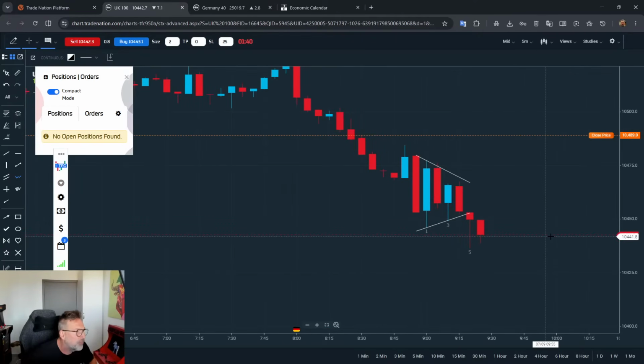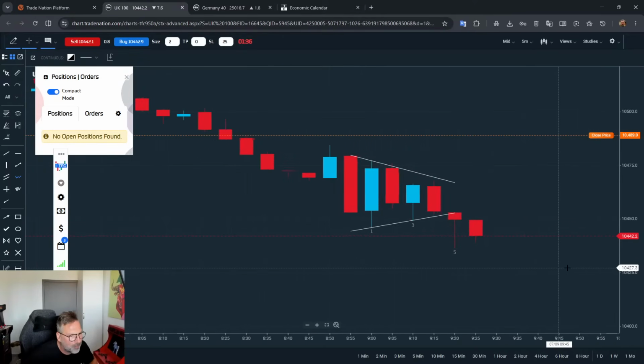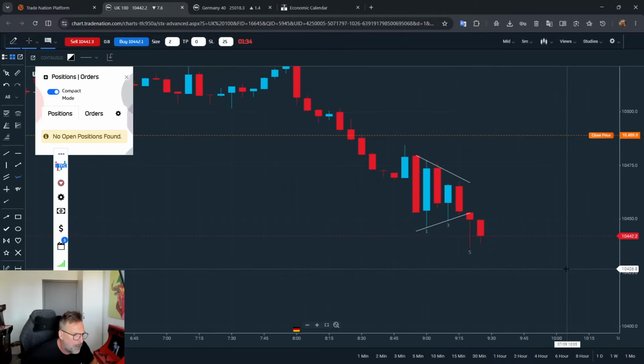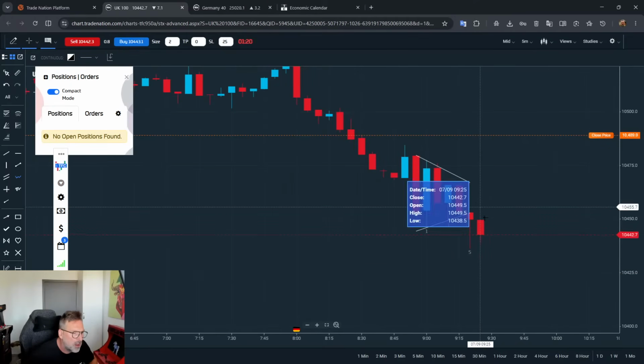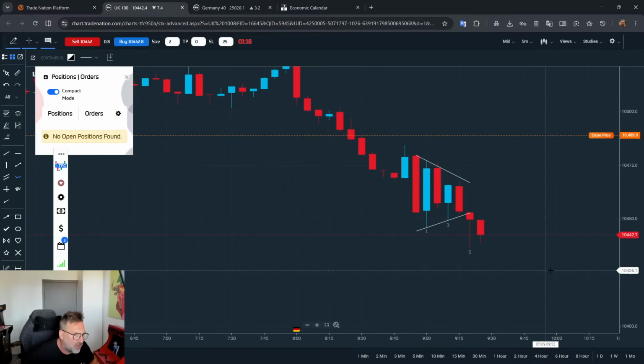Inside bar so far, but with a bare body. If it goes lower, then it's surely slow burning.